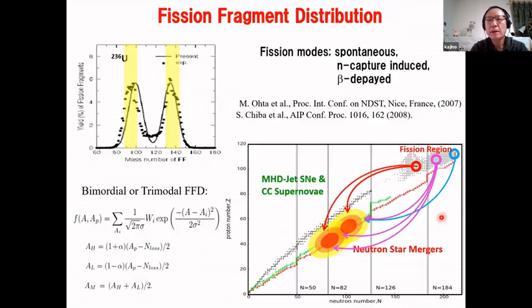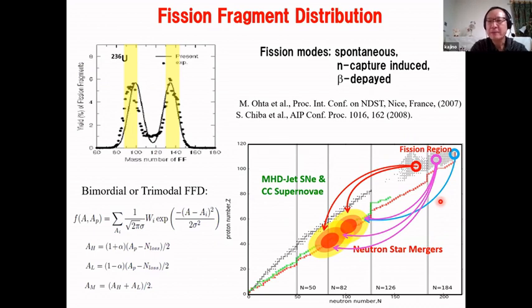And in these neutron star mergers, fission plays a very important role. As you see here, once the nuclear reaction flow reaches the fissile regions, they could split not only into symmetric fragments, but also double-peaked asymmetric fragments.